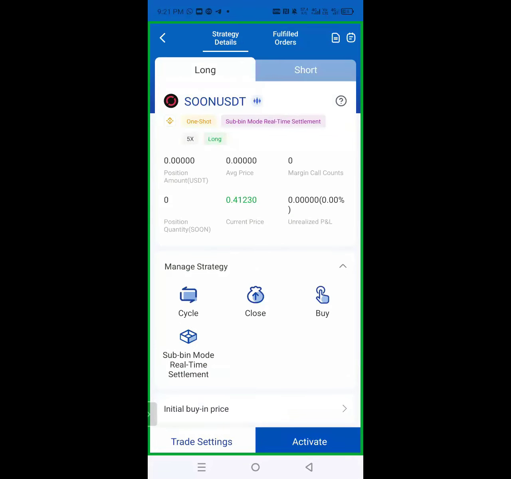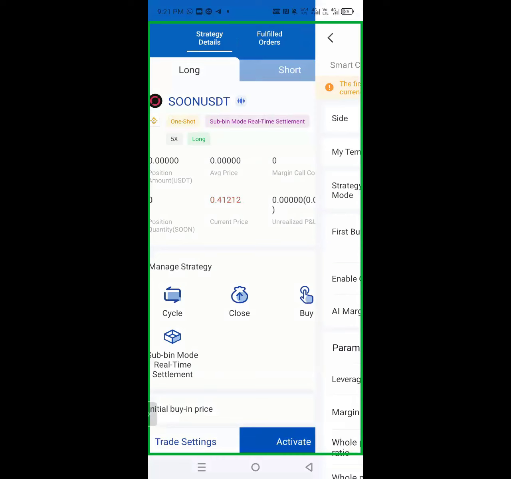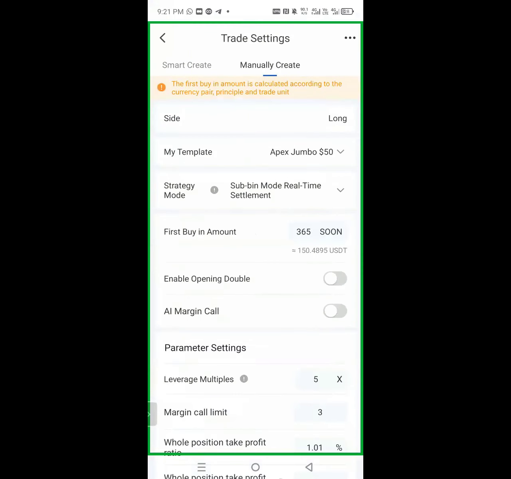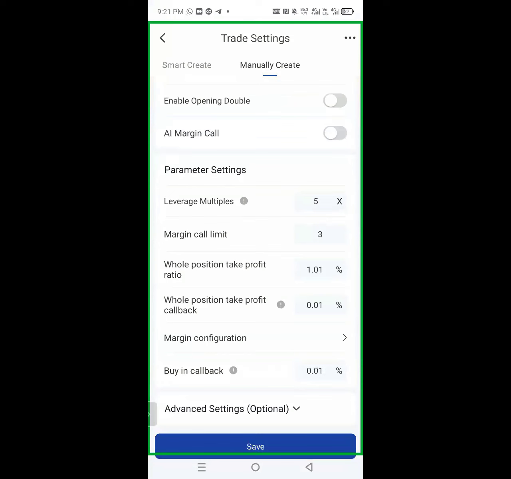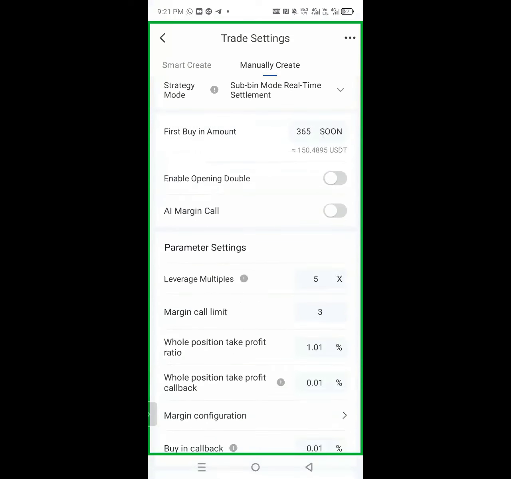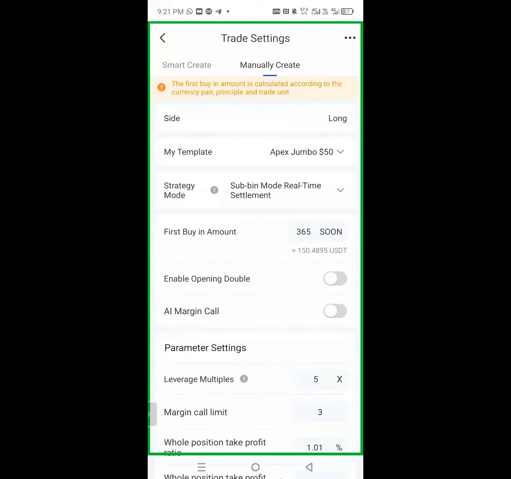Now, you can see there is a difference between this and that. Two differences here. Number one, the first buying amount in futures trading is calculated by putting the amount of coin, and you see the equivalent in USDT.